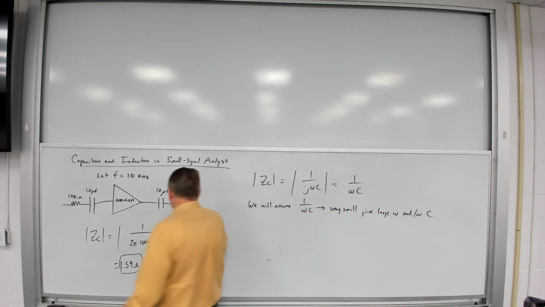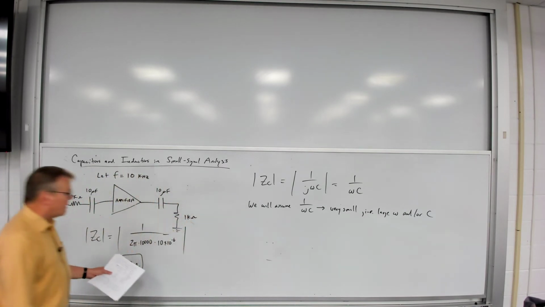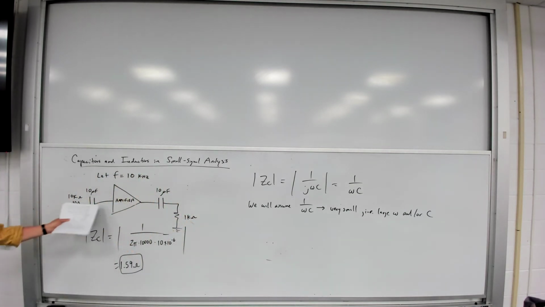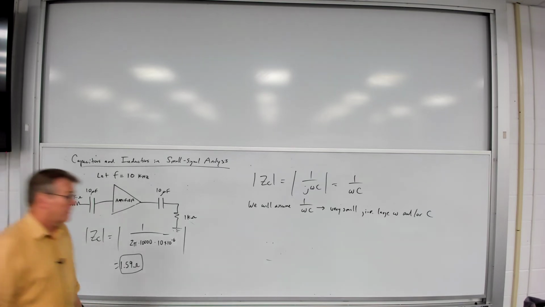So what we're going to find is in this class, more often than not, in fact just about all the time, we're going to assume that the impedances of the capacitors are negligible compared to the resistances in the circuit. And therefore, we can treat the capacitors effectively as short circuits.